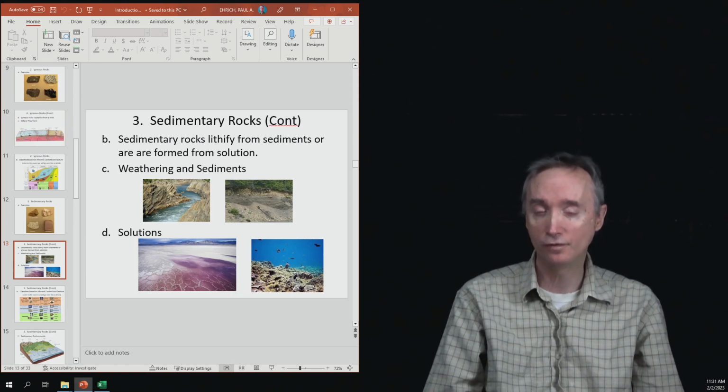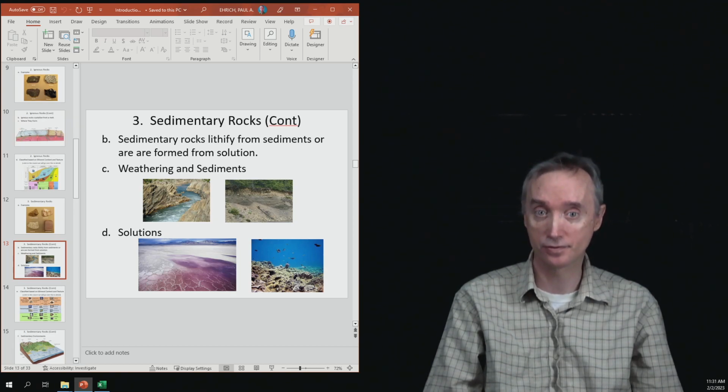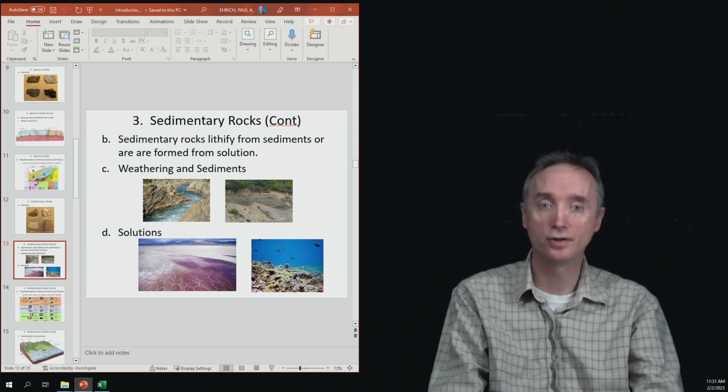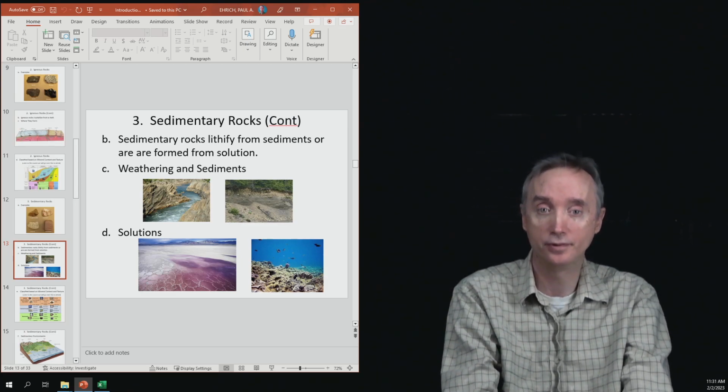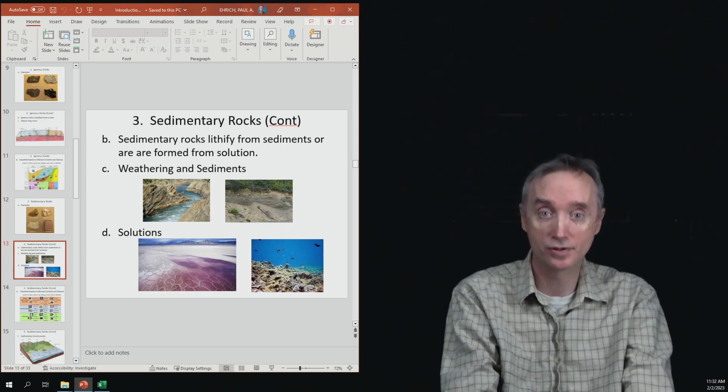So, for example, halite, salt, is a result of when an ocean begins to evaporate and it leaves behind salt crystals. The one that's right next to it, we're going to find out, is very important, and then this is going to be the formation of limestone.